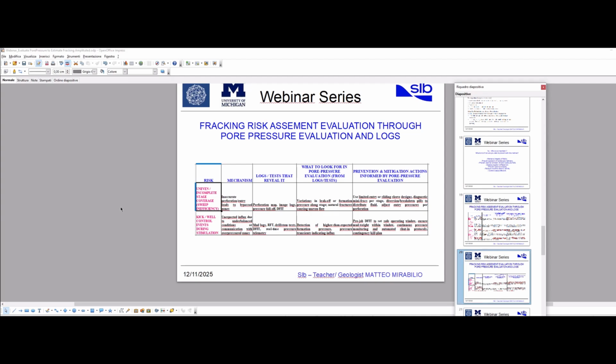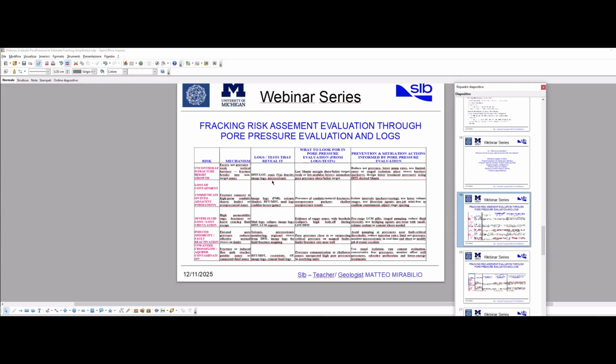The last two risks that you need to evaluate are the kick well control event during stimulation and incomplete stage coverage with insufficient diversion. So this is a clear table of risk assessment that you need to evaluate before the pore pressure.